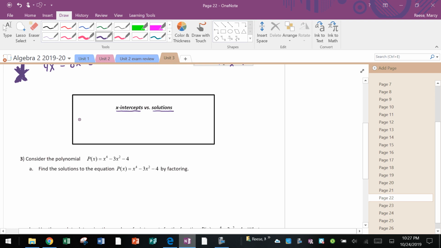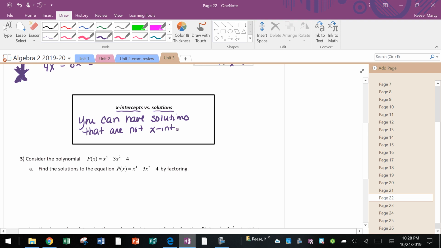So here's the thing. This is the new piece too. You can have solutions to a polynomial that are not x-intercepts.